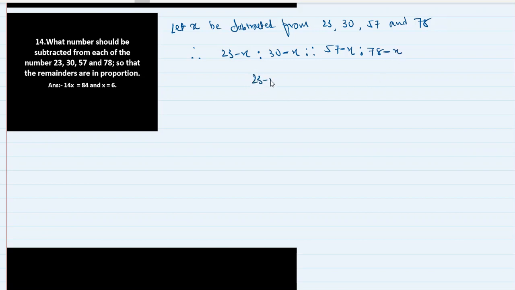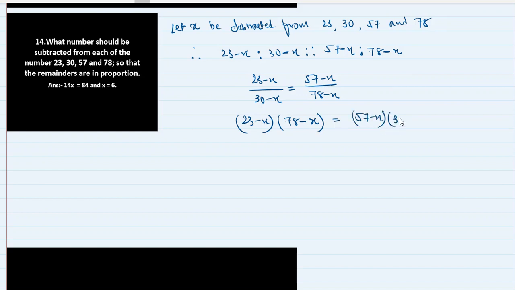So 23 minus x upon 30 minus x is equal to 57 minus x upon 78 minus x. So 23 minus x multiplied by 78 minus x is equal to 57 minus x multiplied by 30 minus x.